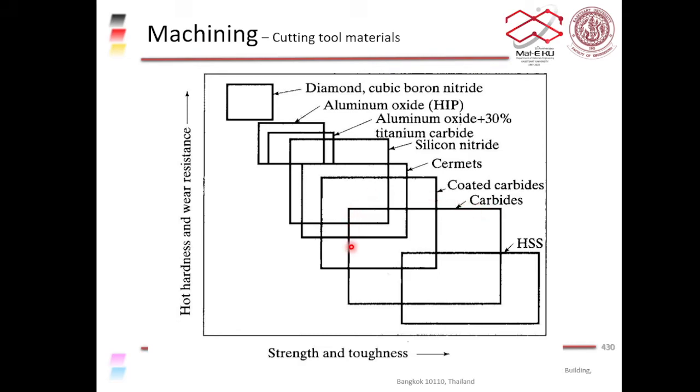So it hasn't got the same toughness as the high speed steel, but it's got much better hot hardness and wear resistance. And if you want to machine even harder material, you have to choose harder material on here as well, like cermets or diamond coated bits or aluminum oxide bits, etc.